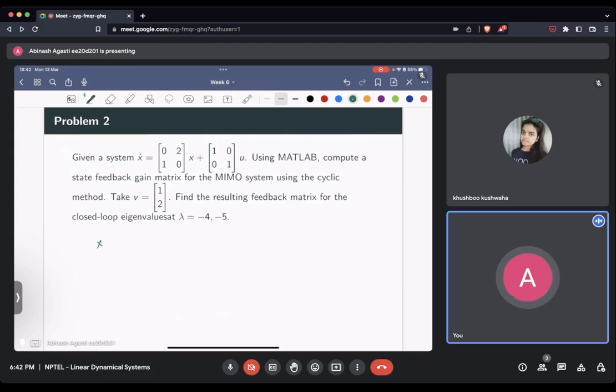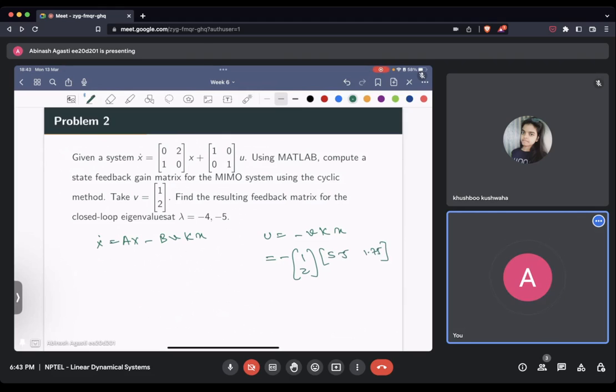So we were giving Ax plus BVu, which means u is minus VKx, which means this matrix 1, 2, K we found out 5.5 and 1.75.